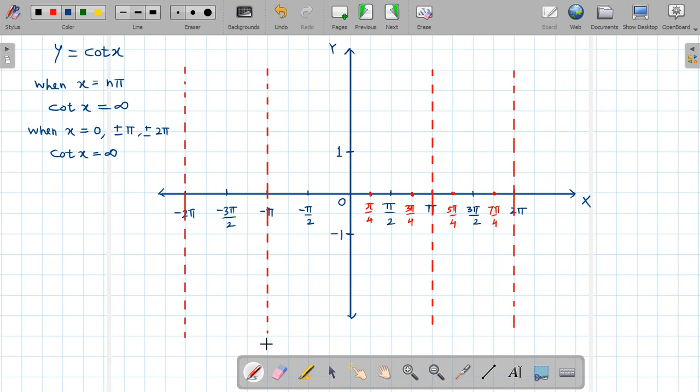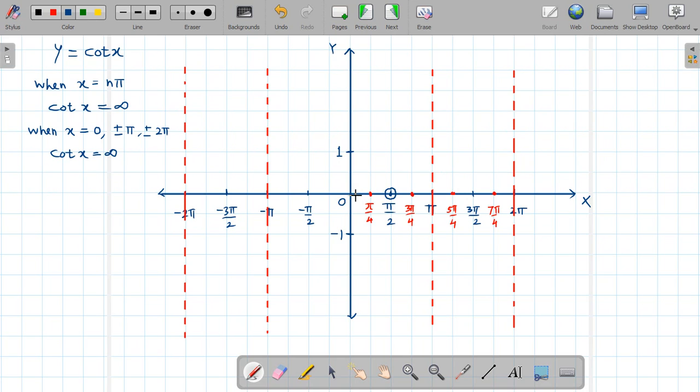All of you know that in this interval cot pi by 2 is 0. That is the known value of the cot function. Now between 0 and pi by 2 there is pi by 4. What is the known value here?